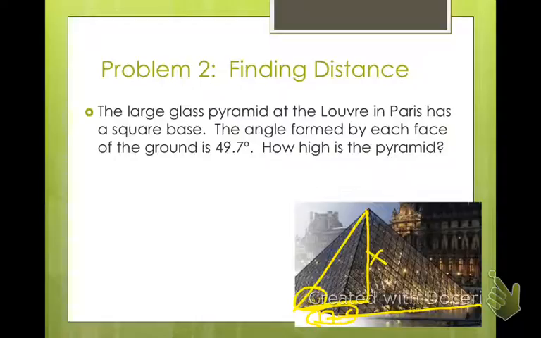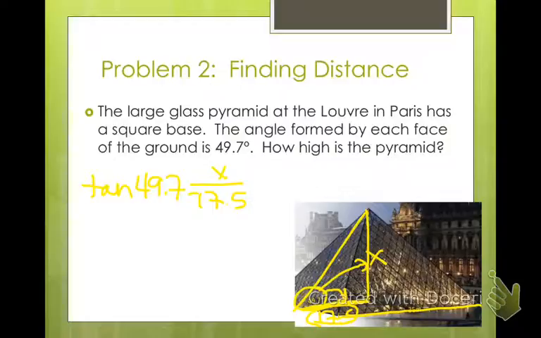So from this angle, what are the values that we know? This side is the adjacent side. This side is the opposite side. So which of our trigonometric ratios uses opposite and adjacent? Tangent. So tangent of 49.7 equals opposite side x divided by adjacent side, 17.5.